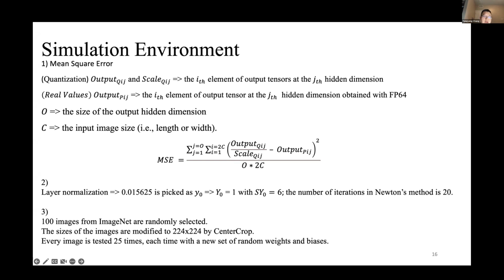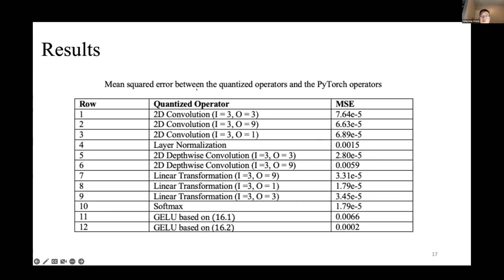Every image is tested 25 times. So this is our result. As you can see, our MSE is less than 0.01 for all these layers in the vision transformer.